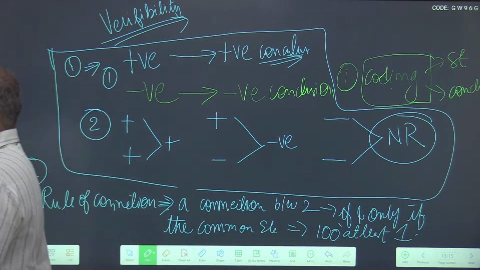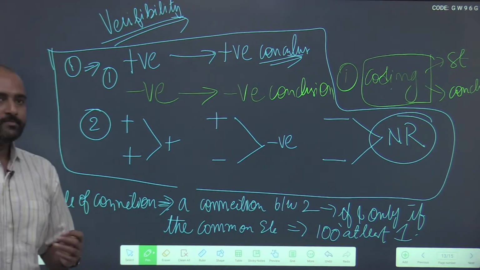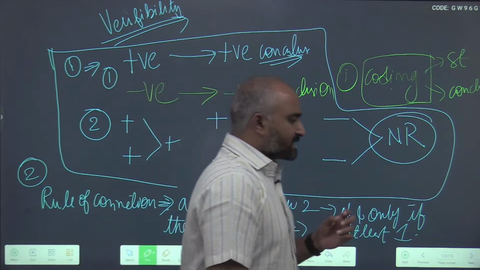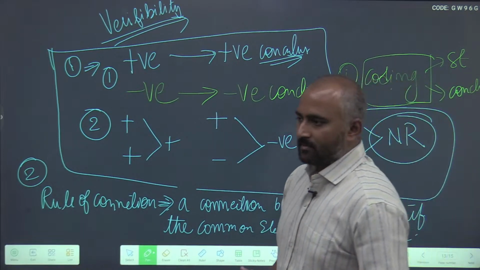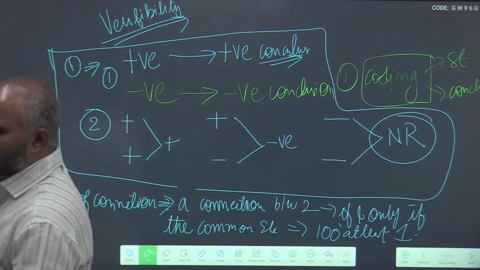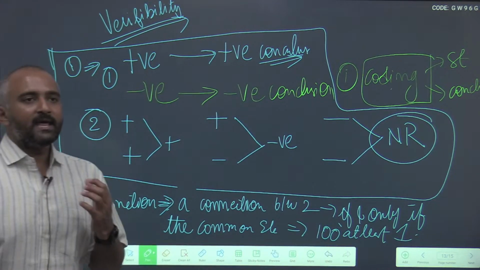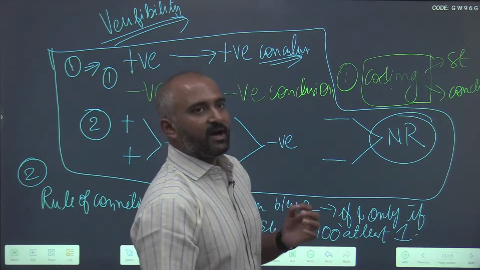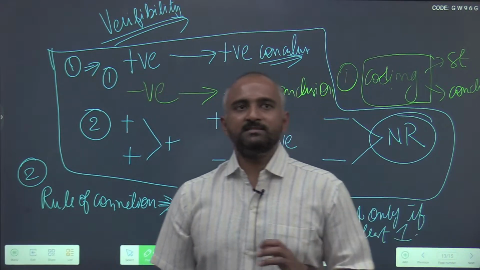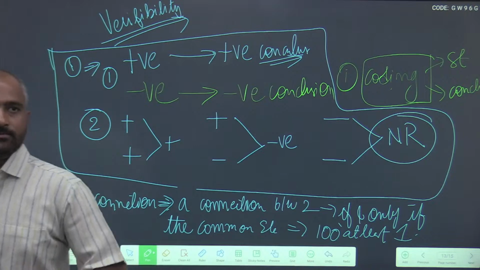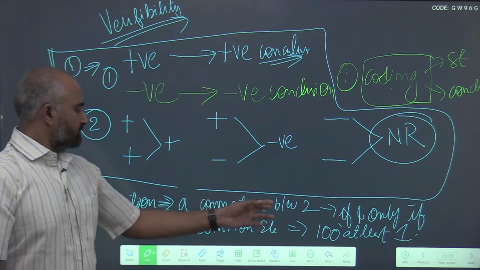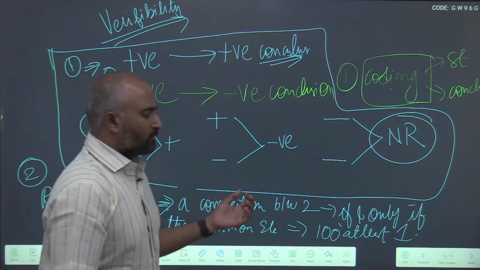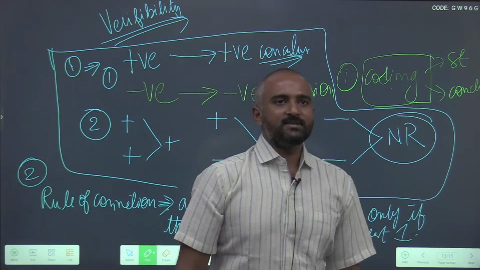For a connection to exist between two statements, it is only possible if the common element has achieved a value of 100 at least once. I hope this is clear.